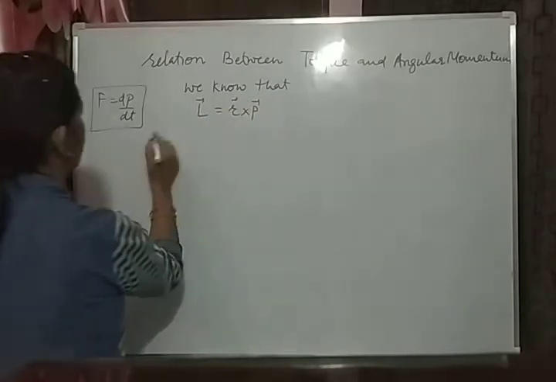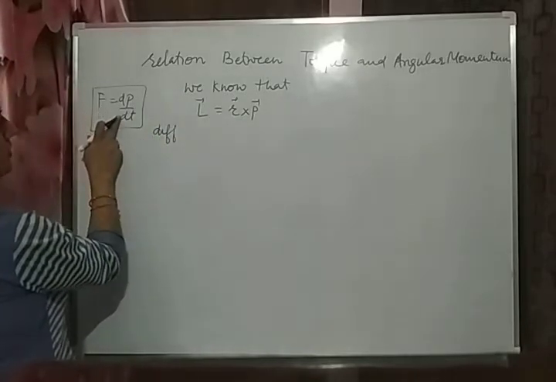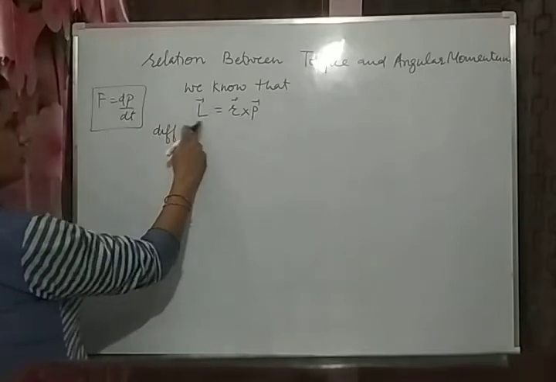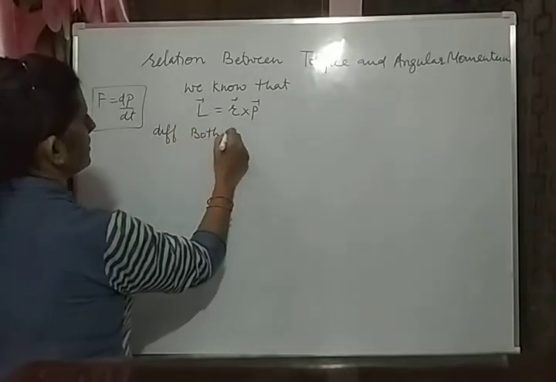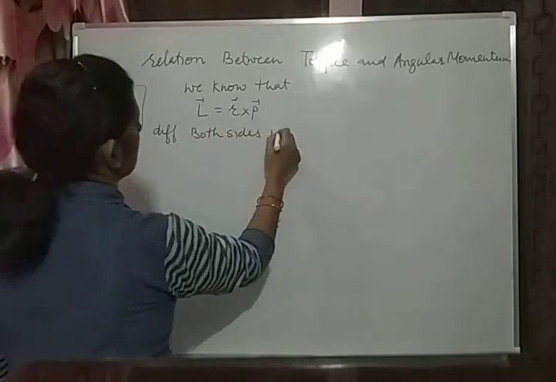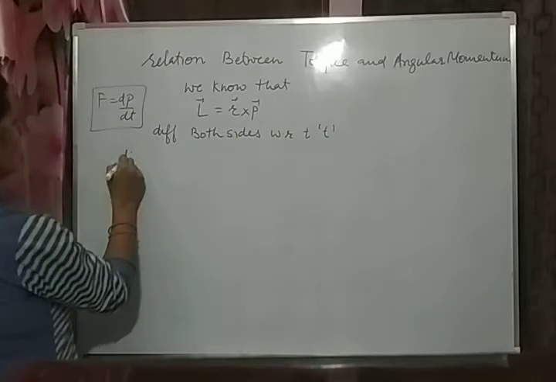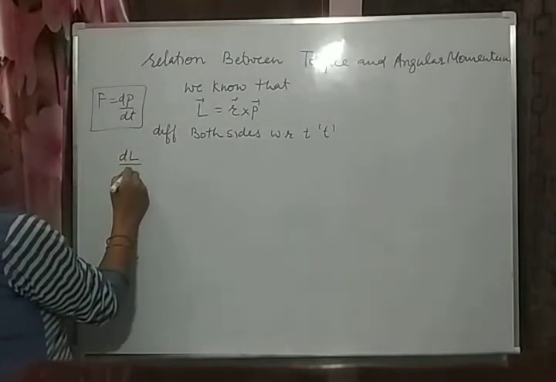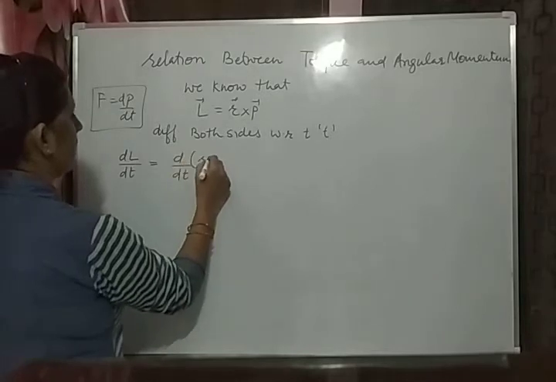If you differentiate this, because for force you needed dp by dt, for torque you need the differentiation of this, differentiating both sides with respect to t. What you will have? You will have dL by dt is equal to d by dt of r cross p.